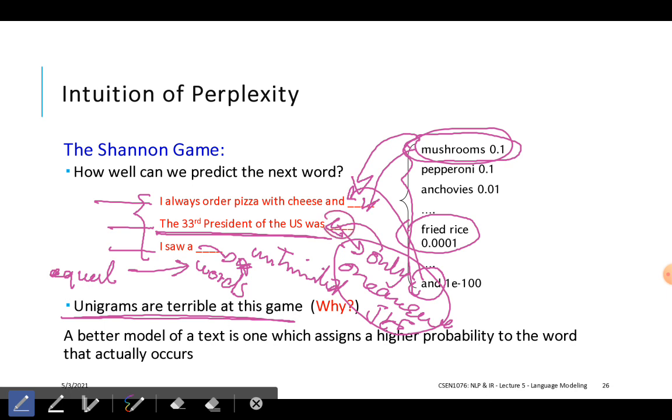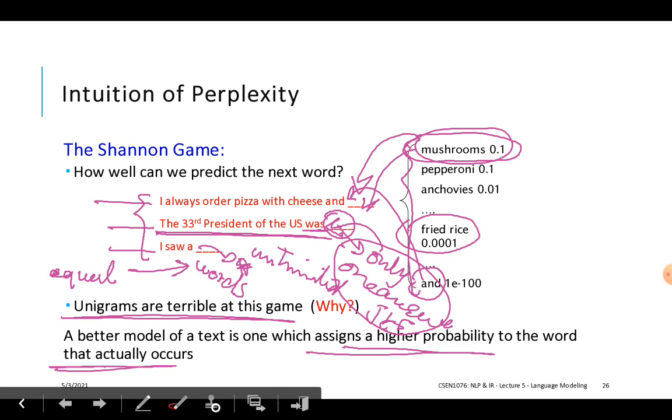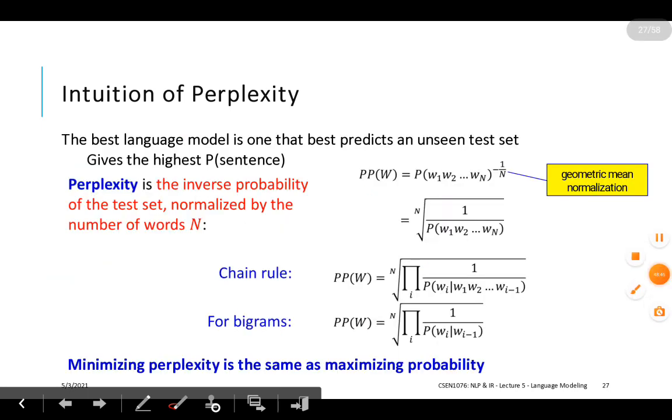Because the unigram here, for example, will give you a probability after "was" that could be anything. So they will guess anything. Every word that can be used for completion is going to have equally the same probability. So what we want is a model that will assign a higher probability to the word that will actually occur. And this is the essence of how we can compute perplexity.